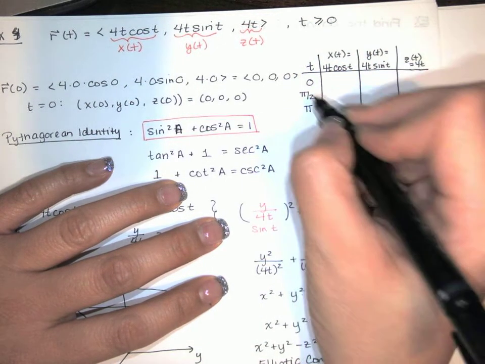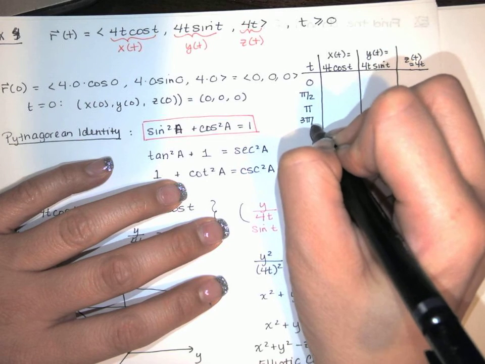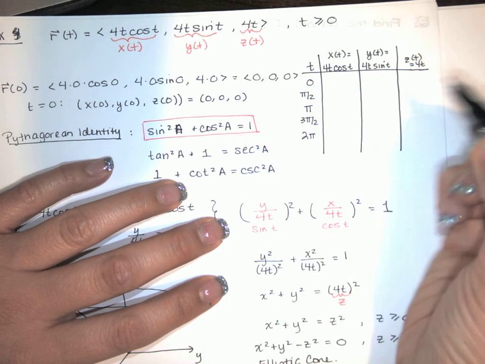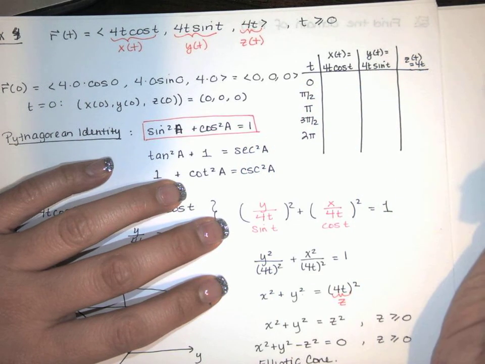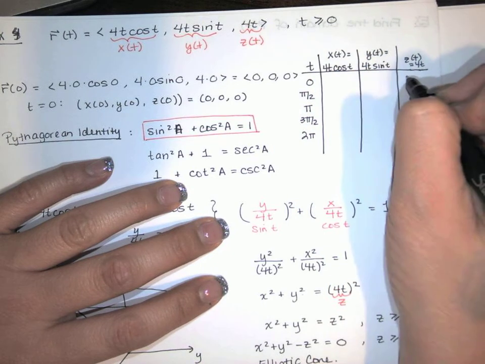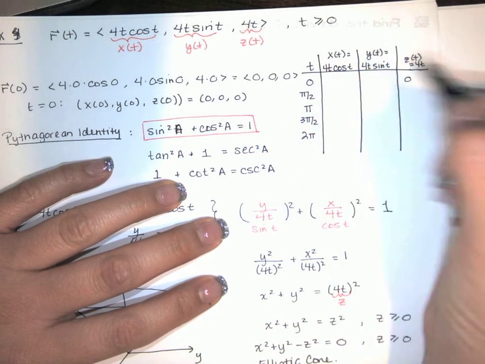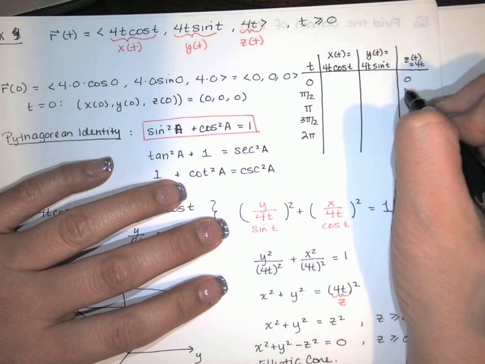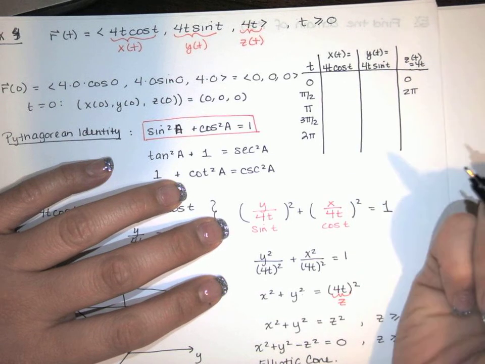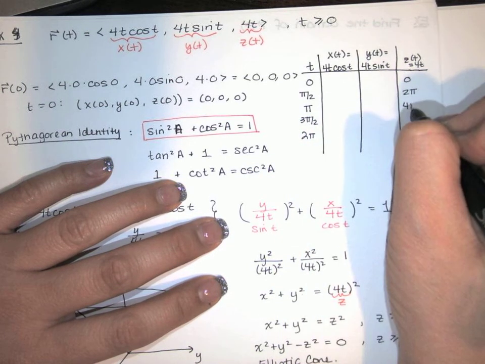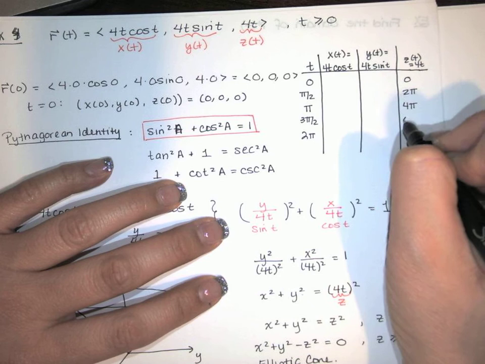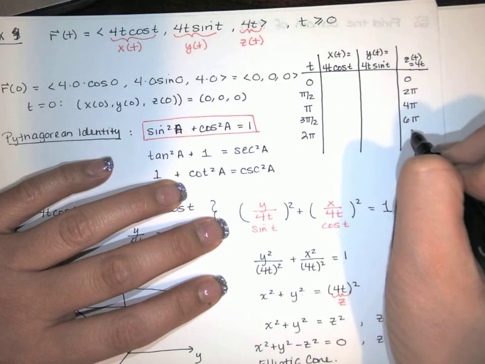We'll just do multiples of pi over 2 because we're comfortable with those. For z, you just multiply each of those t values by 4. 0 times 4 is 0. Pi over 2 times 4, and that's 2 pi. Then we get 4 pi. Then over here we get 6 pi. 2 pi times 4 is 8 pi.